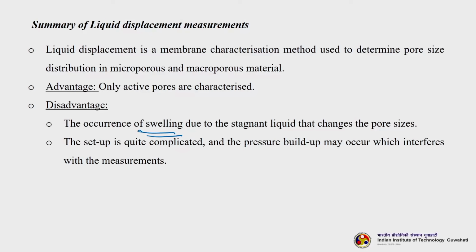If you are using liquid one to pre-fill the pores of the membrane, and the liquid is in contact with the membrane for a certain time or a little longer, and if the liquid is not chosen properly, it may swell the membrane, and when the membrane swells its pores also swell. So, you may get an erroneous value, and the setup is a little complicated, and pressure buildup may occur, which interferes with the measurement. So, this is the disadvantage. Nevertheless, it is an easy method to do. It measures microporous, mesoporous and macroporous materials.